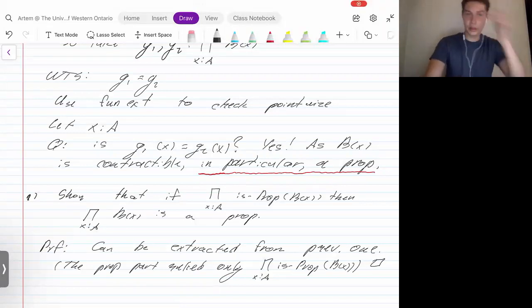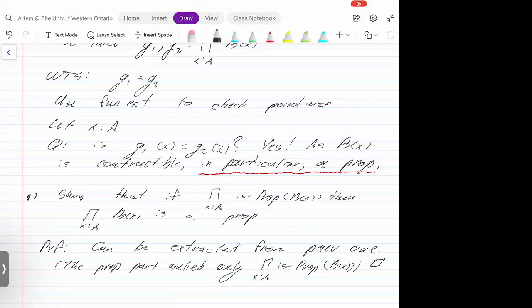Any questions at this point? Yes, maybe a naive question, sorry if it is, but is B of X being contractible a fundamental requirement for having G1 equals G2 in the previous one?